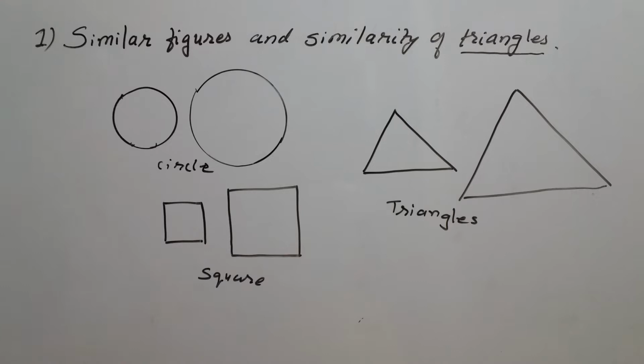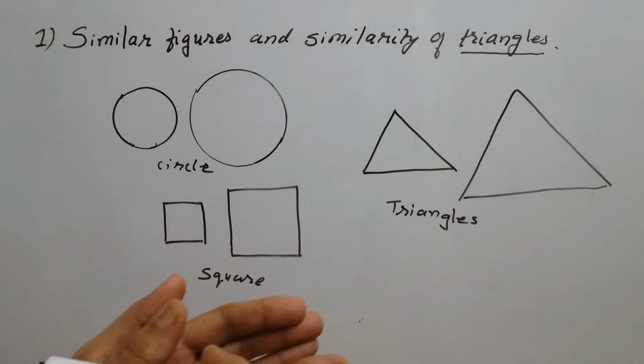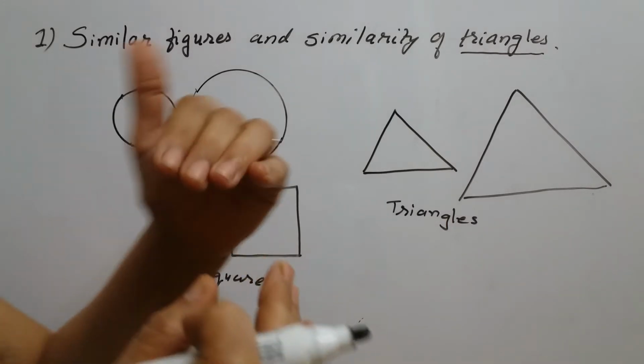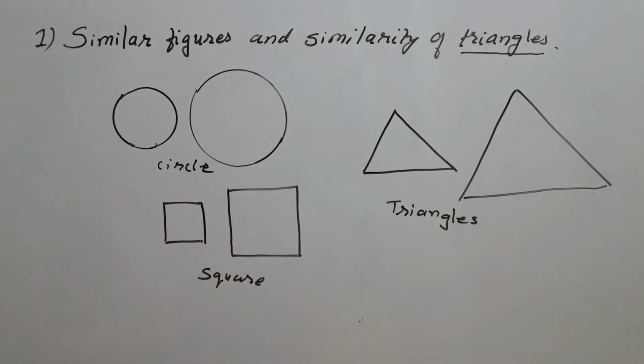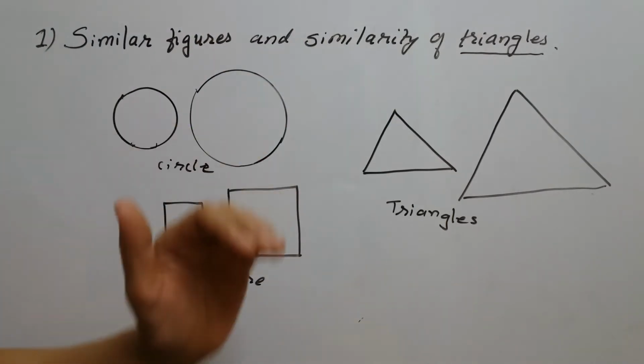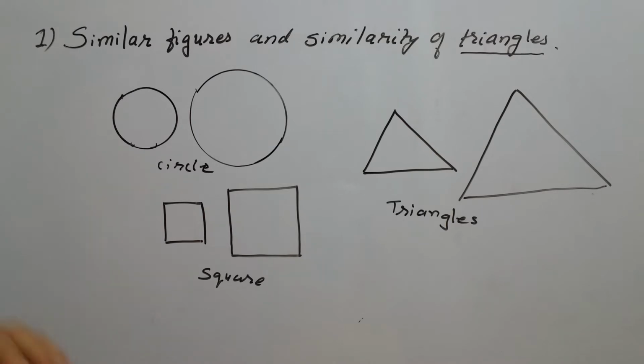Now when I say different in size, what do I mean? The sizes are in proportion. In the example of those jars, I can say this jar is half the size of the bigger jar. So the size may increase or decrease in proportion. Then only will they maintain the shape.